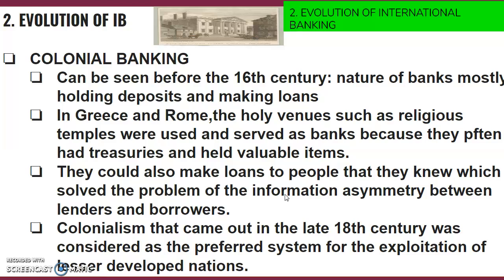Mereka cuba menjajah negara-negara tersebut dan memperkenalkan sistem perbankan yang dia ada. Niat tu nampak baik, but then it's actually they are trying to conquer the countries lah. Itu pada bermula tahun 1800.